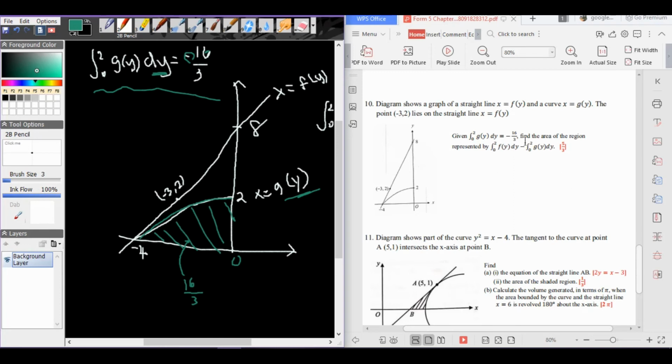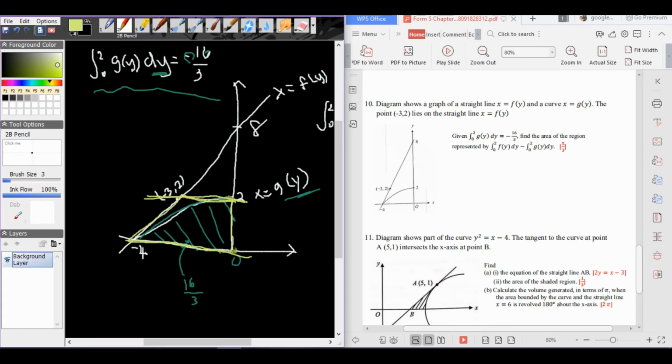Then the question asks us to find the area of the region represented by the integral from 0 to 2 of f(y) dy. So f(y) is this straight line, from 0 to 2, and this is a trapezium. Can you see that?